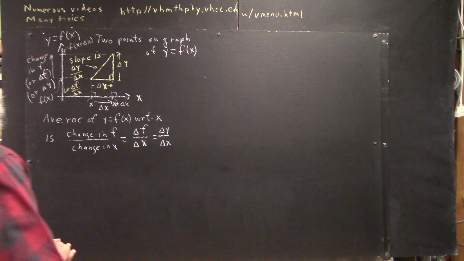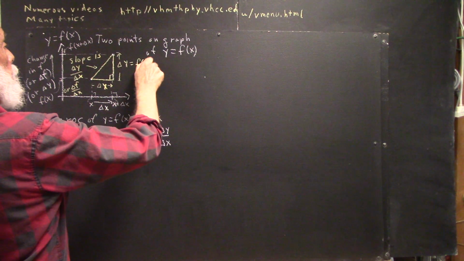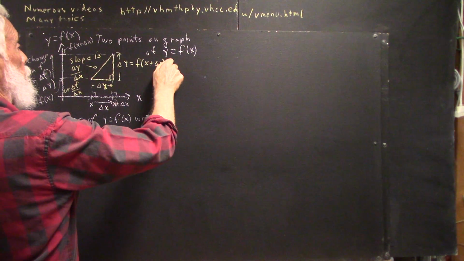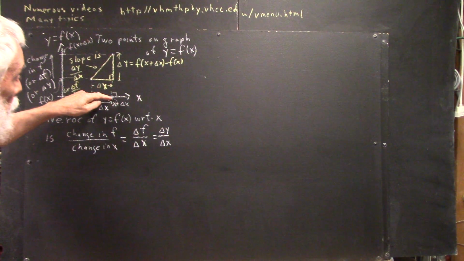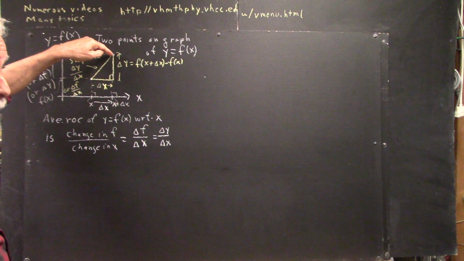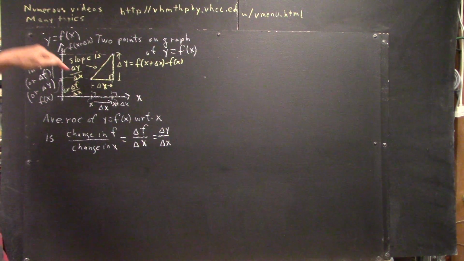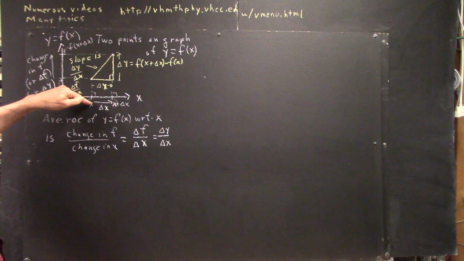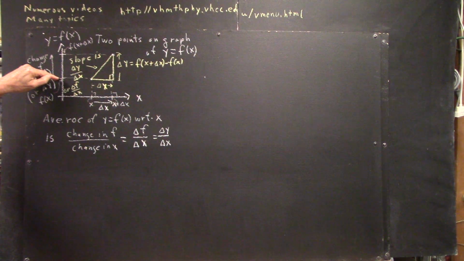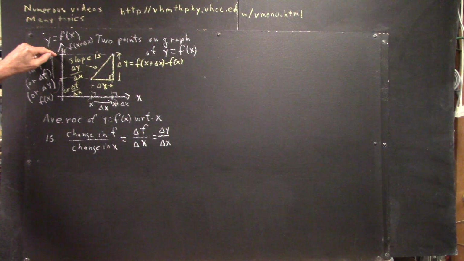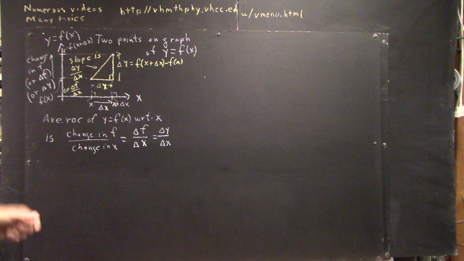So that delta y equals f of x plus delta x minus f of x. Here's x plus delta x. Here's a point on the graph, so this has to have a y value that's equal to f of x plus delta x. This point corresponds to x value x, so this y value has to be f of x. From here to here, the change is f of x plus delta x minus f of x.